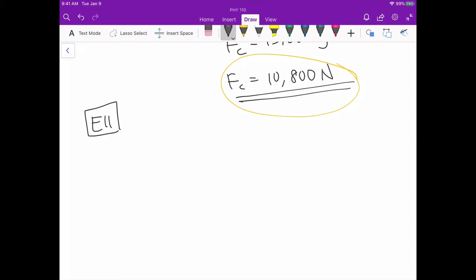E11 states: two masses are attracted by a gravitational force of 9.6 Newton. What will the force of attraction be if the distance between the two masses is quadrupled?